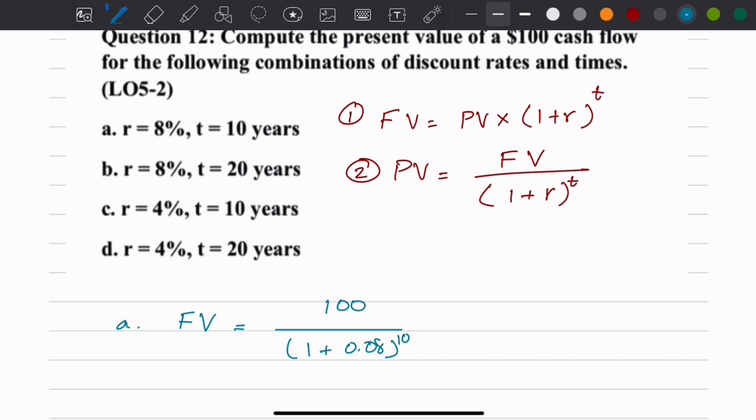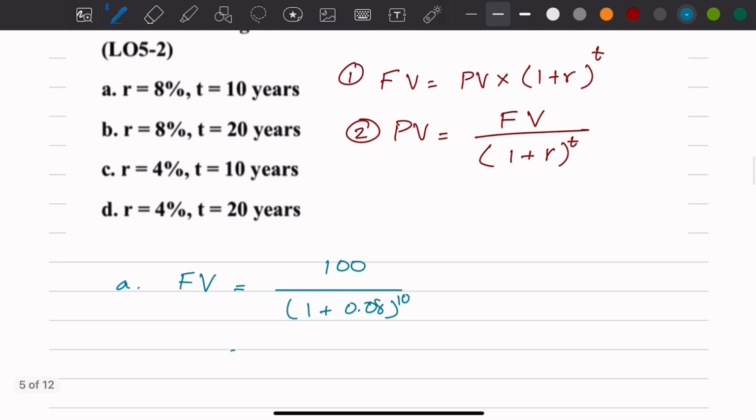Okay, so we'll turn to our calculators. 100 divided by, and then I'll open a bracket, 1 plus 0.08, close the bracket, and raise the whole bracket to the power of 10. Okay, and that gives me $46 and 32 cents rounded.